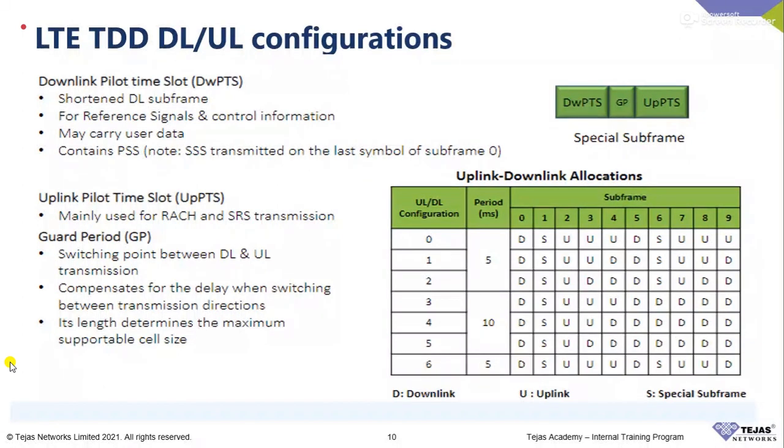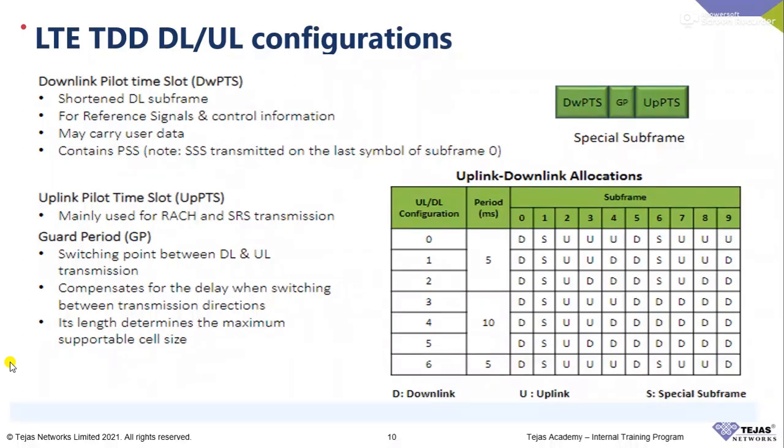Now next, Vignesh, yes. On what basis is this period defined, like 5 milliseconds or 10 milliseconds? These are interchangeable. In configuration 0 or 1, we can take 10 milliseconds also. No. The configurations 0, 1, 2 always have a periodicity of 5 milliseconds. That means just for better management purpose, they have given 2 options, wherein a 5 millisecond periodicity can have 2 special subframes, whereas in 10 millisecond I don't require that because I am giving more downlink.